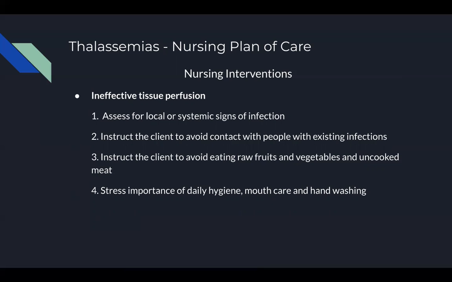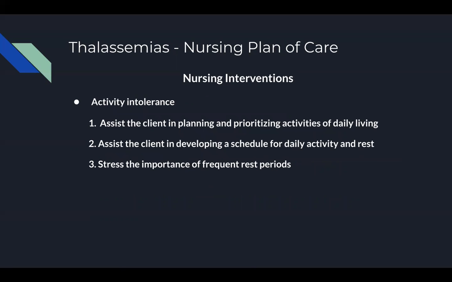Stress the importance of daily hygiene, like mouth care and hand washing. Next one. And for activity intolerance, assist the patient with the daily activity plan, assist the patient in developing a schedule for daily activity and rest, and stress the importance of frequent rest periods.